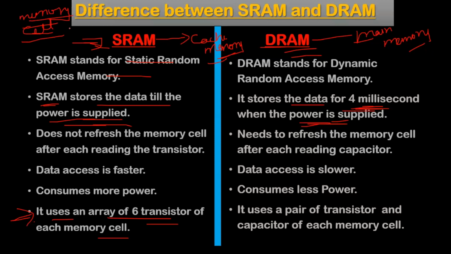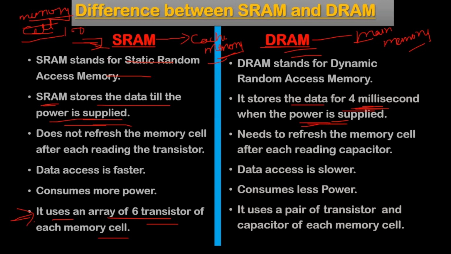Memory cell means what? Suppose you have 2 GB of RAM available, so for that 2 GB we have multiple memory cells available, like 100 memory cells or 200 memory cells. That depends on the size of your RAM or the size of your memory.